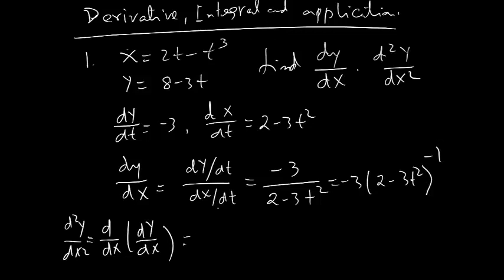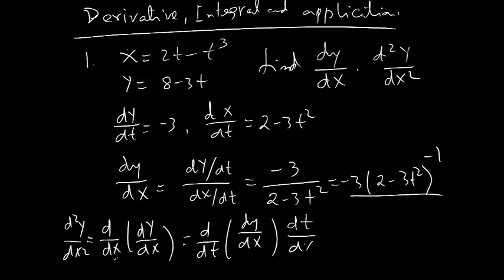So since my function here is a function of t, I need to replace this with t. So we'll say d/dt of dy/dx, which is basically this function, and then dt/dx.